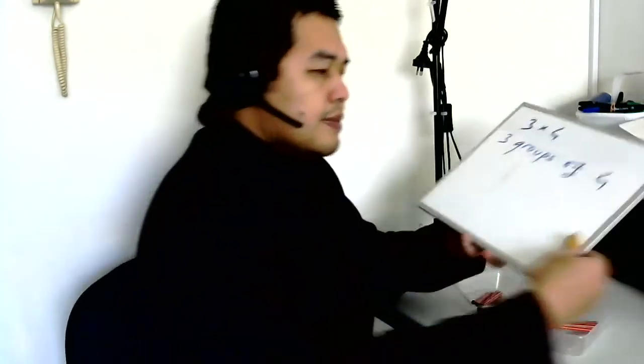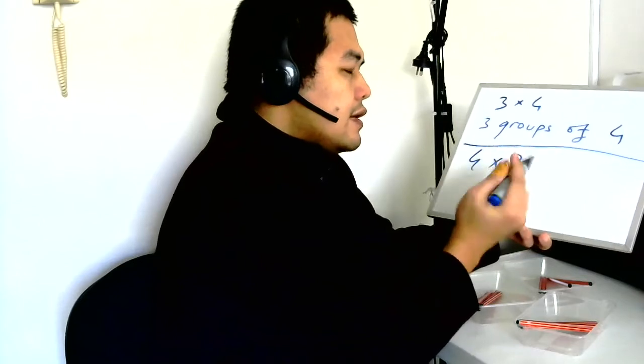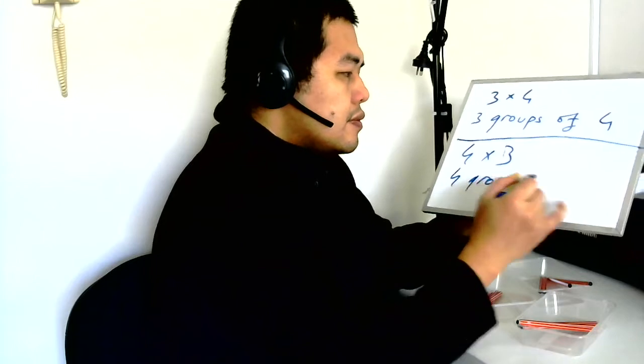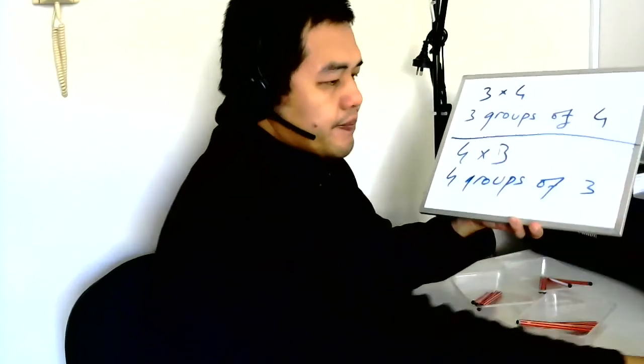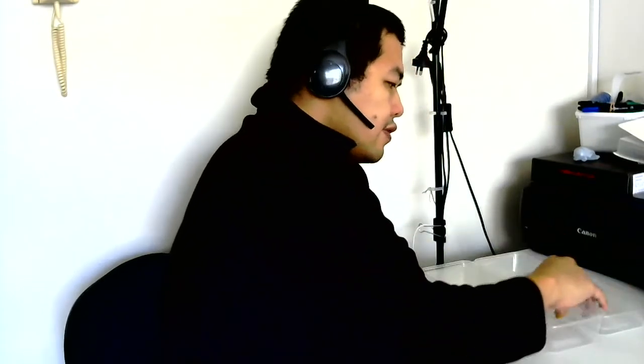Now, how about 4 times 3? Therefore we have 4 groups of 3. So now we have 4 containers. Let me get one more. So 4 groups.